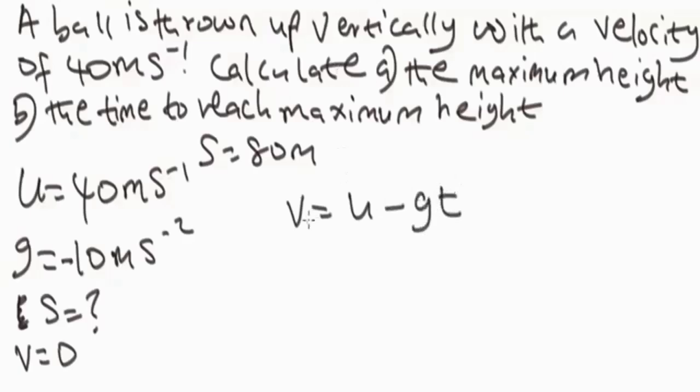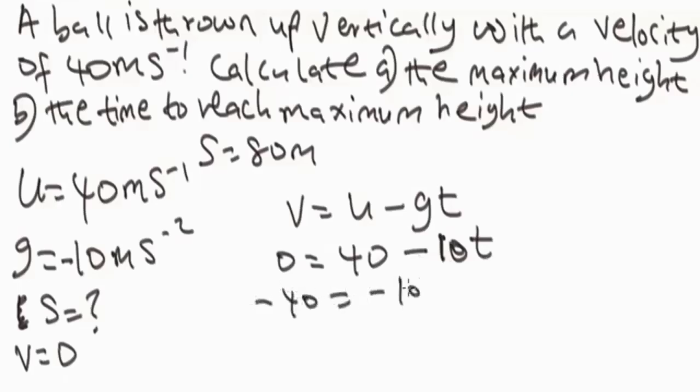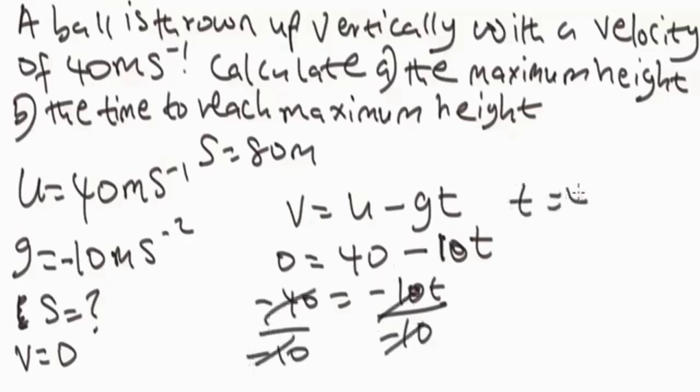So when you substitute, our v is 0, equals 40 minus g, which is 10, times t. Now you make t the subject of the formula: minus 40 equals minus 10t. Divide both sides by minus 10. Therefore, our t will be 4 seconds. So this will be the answer for this question.